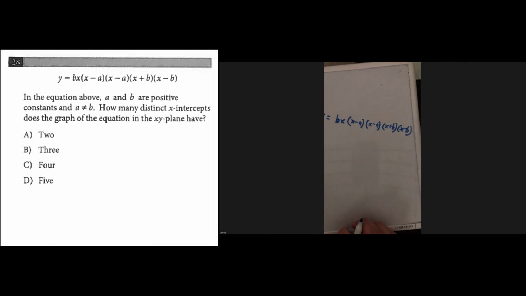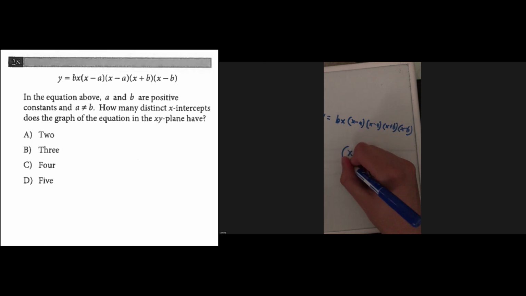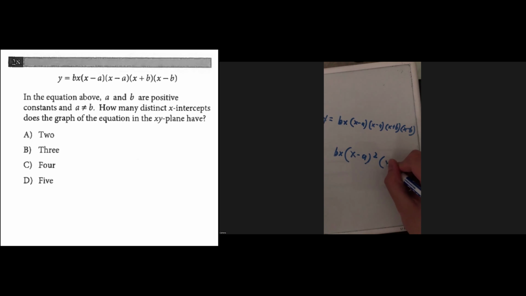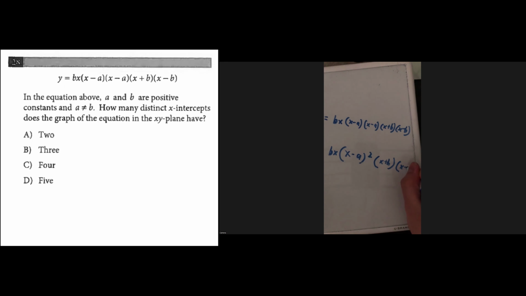So the first thing we can do is simplify. x minus a times x minus a is just (x minus a) squared. So that's the first simplification. And then you have bx, and you have x plus b and x minus b.